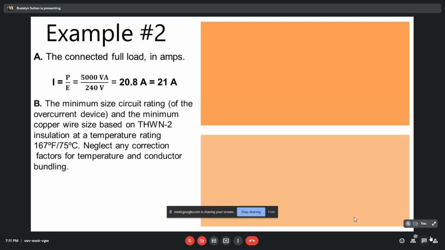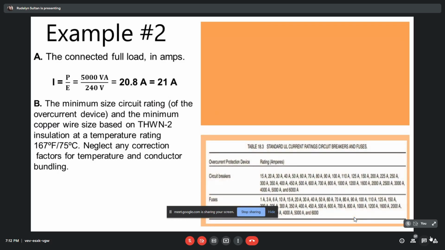Next, we are asked to determine the minimum size circuit rating of the overcurrent device, and the minimum copper wire size based on THWN-2 insulation at a temperature rating of 167 degrees Fahrenheit or 75 degrees Celsius. Neglect any correction factors for temperature and conductor bundling. First, we are asked to determine the minimum size circuit rating of the overcurrent device, which can be found in Table 18.3.